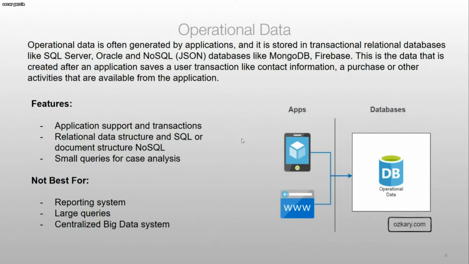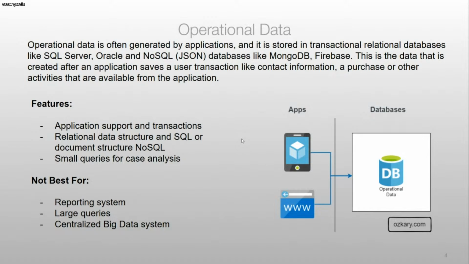These systems are designed for operational data. What that really means is the ability to build applications that do transactions on these databases, like creating a customer record, an order, or an inventory request, anything of that nature that is mostly driven by applications, whether mobile apps or web applications.